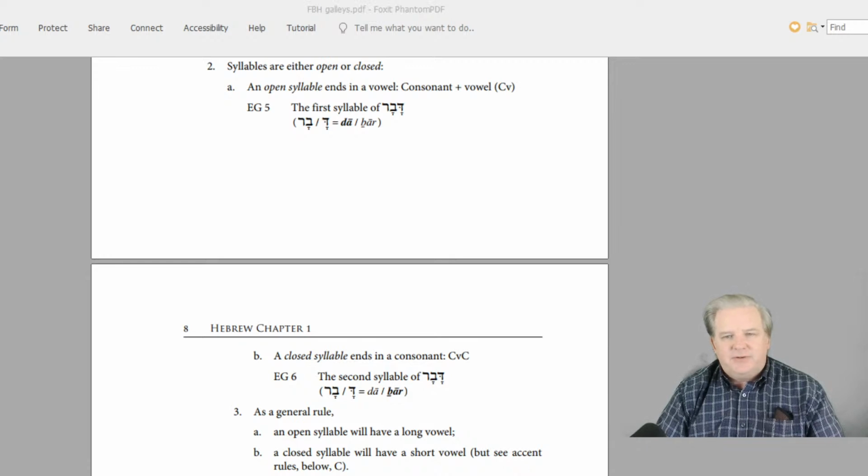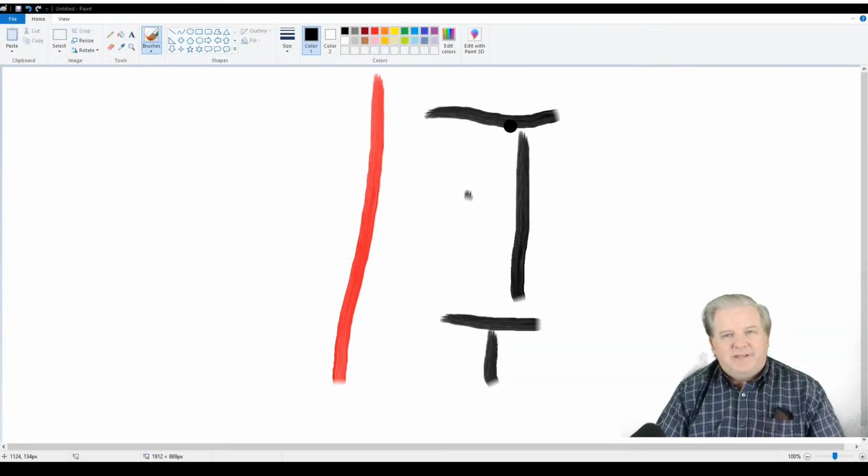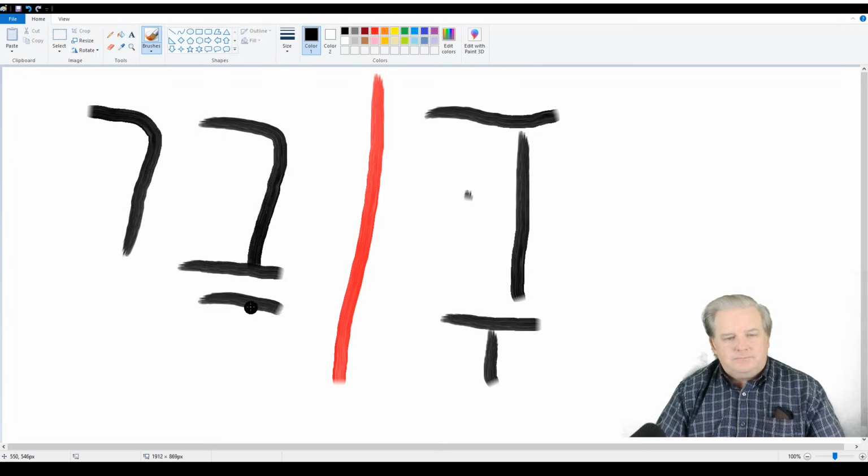And it starts with a nice daleth. With a qamets. There's your first syllable. And then it has another syllable. Like that. And there's the other syllable.